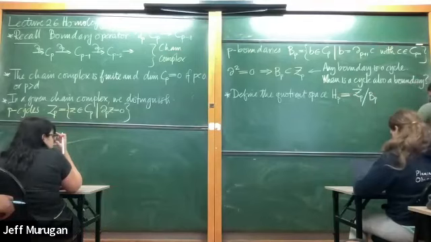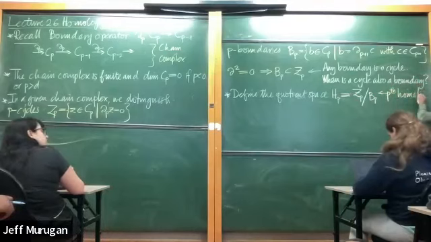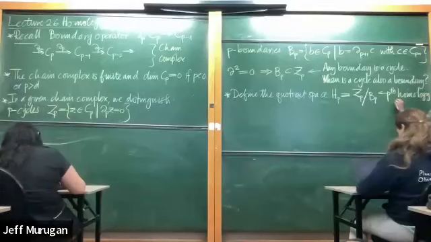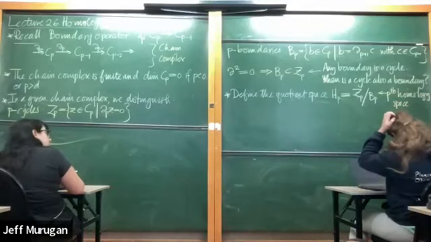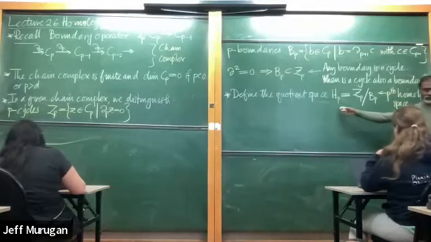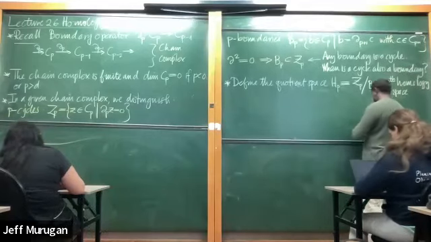So this is the p-th homology space. This is what we're going to study to try and answer this question. So the elements of this space consist of the set of equivalence classes of p-cycles.